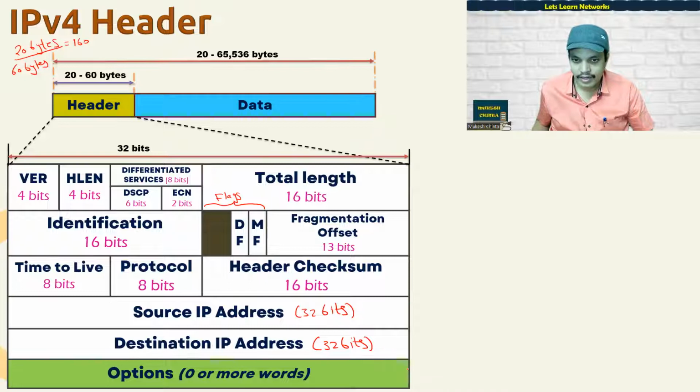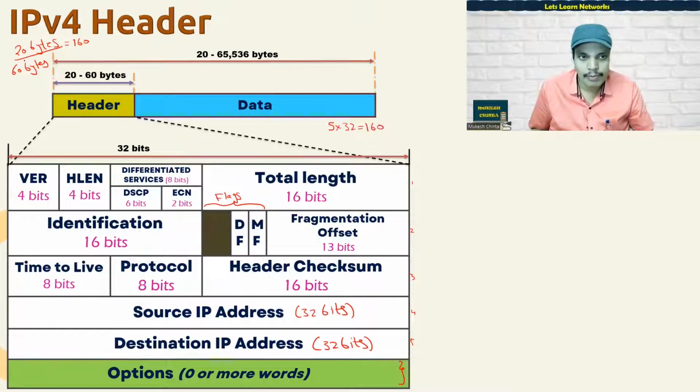After this header, you have options. Once again, as the name suggests, they are optional. It is not mandatory to place them into an IP header. You can add them if you need, and you need not add them if you don't want to. The 20 bytes which I spoke about: if you add 1, 2, 3, 4, and 5, what is the length here? 32 bits. 5 times 32 gives me 160.